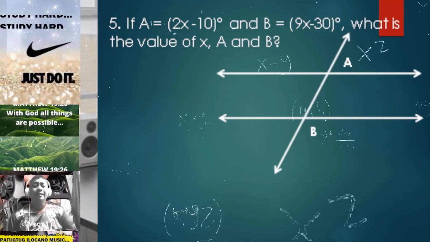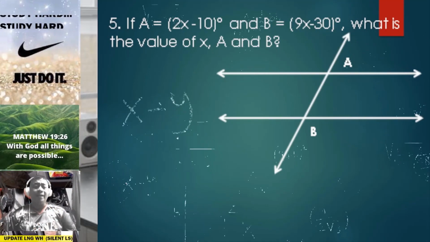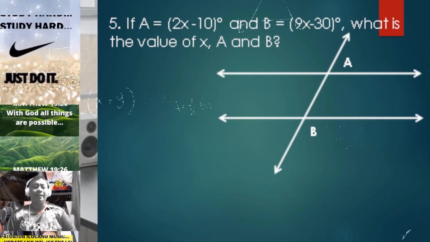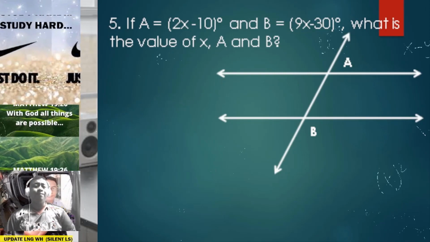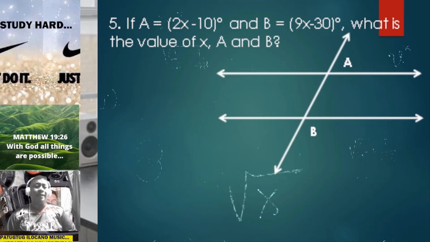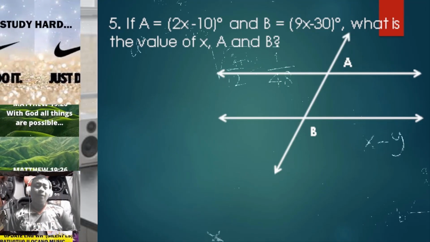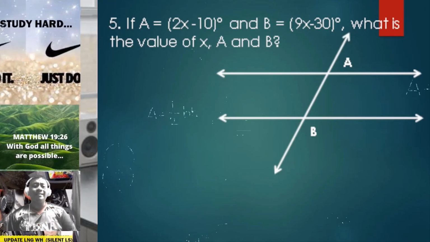Take note, same side exterior angles are supplementary. Therefore, we can just equate the sum of angles A and B to be equal to 180 degrees.